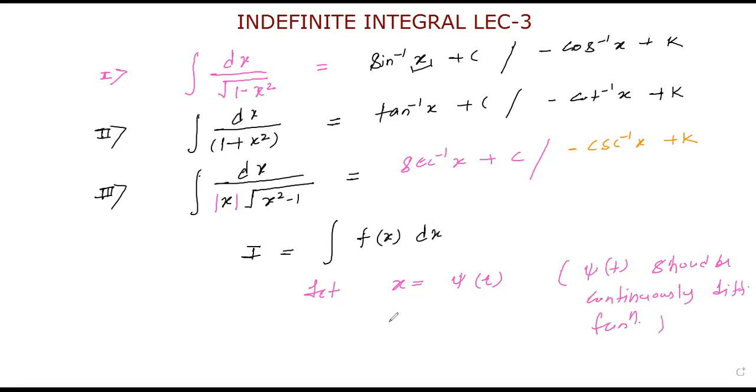So you can write dx as psi prime t dt. Now after changing the variable x as psi t, we can write integral I as integral f of psi t, psi prime t dt, right?